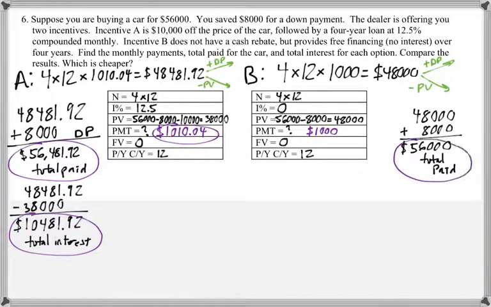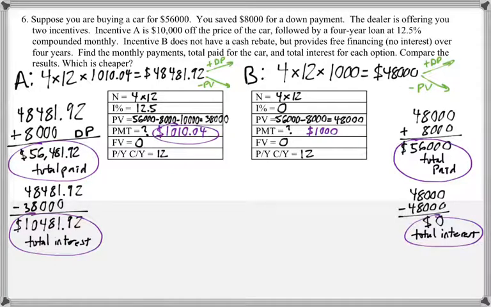So the total paid is $56,000. And the total interest is $0.